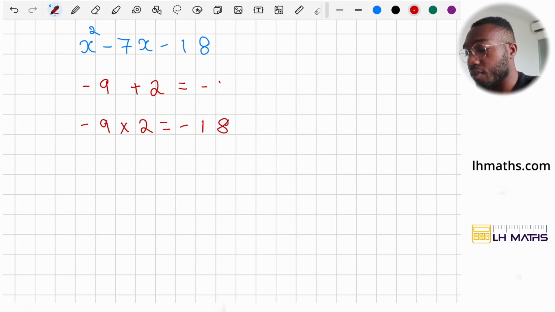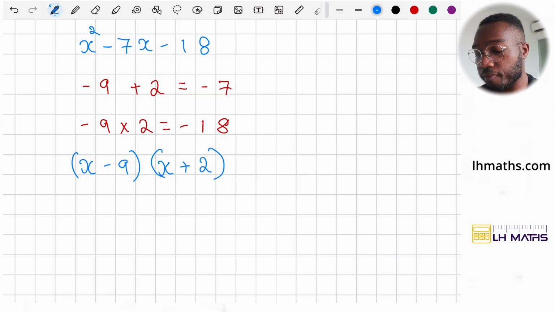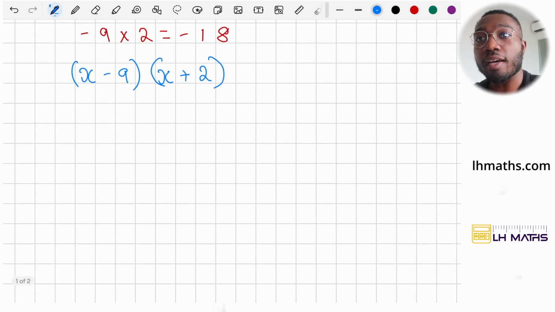So then we've worked that out. We know that it's going to be a minus 9 and a positive 2. And then if we put that in brackets, we'll get x minus 9 and x plus 2, okay?